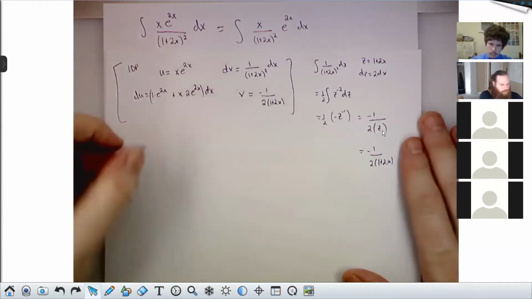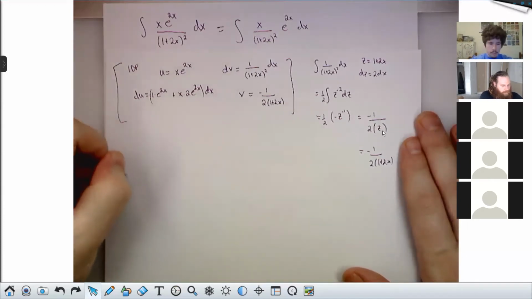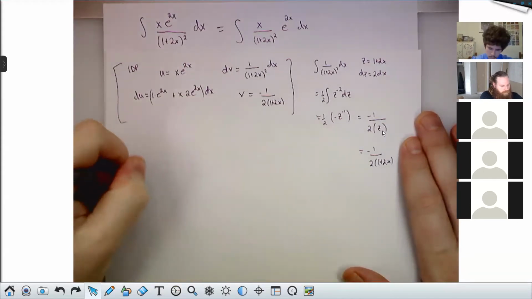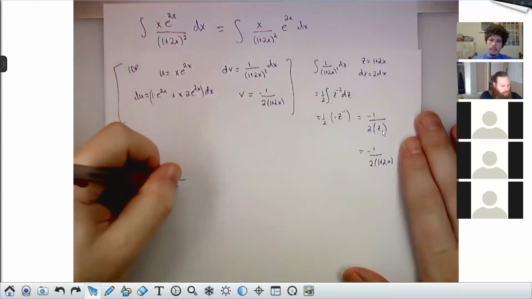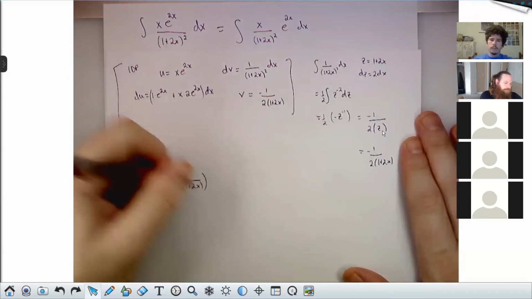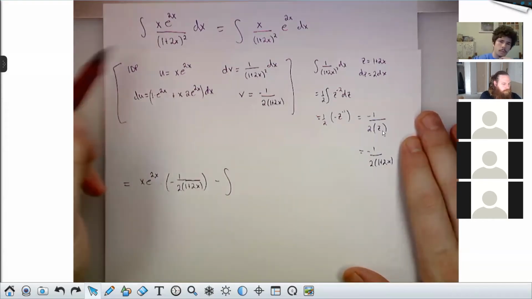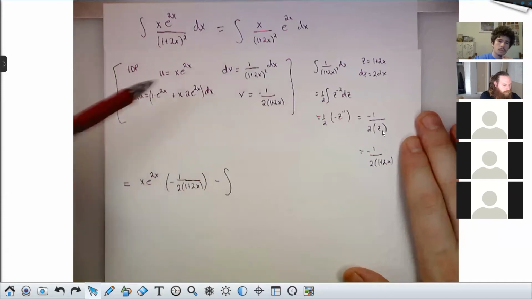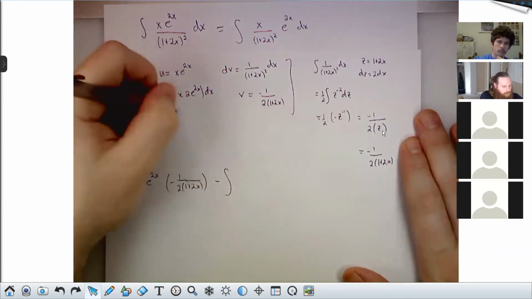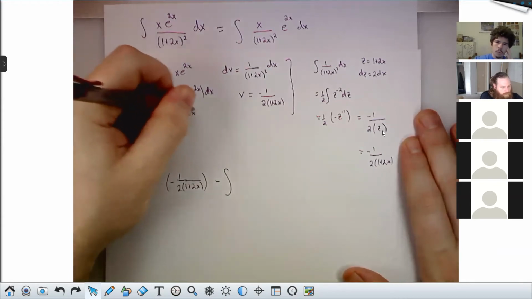But according to all of this, my integral should be equal to u times v. So that's x e to the 2x times negative 1 over 2 times 1 plus 2x minus the integral of v times du. Oh, and I see, if you simplify du here, if you factor out e to the 2x, you get 1 plus 2x dx.